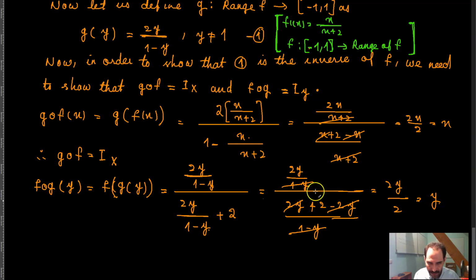So what that means is that any y that I input into this, any y which of course belongs to the range of f, or the codomain of this function f, if I input it into this function FOG, the function gives me the same thing back, which means that FOG is the same thing as the identity function on the set Y, or capital Y, which is the range of f.